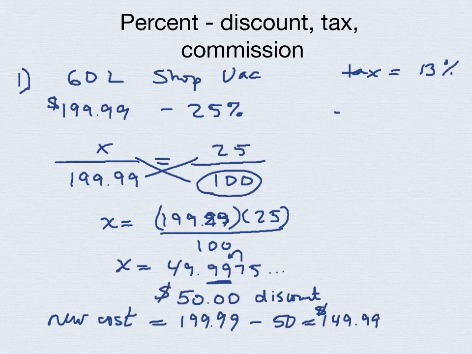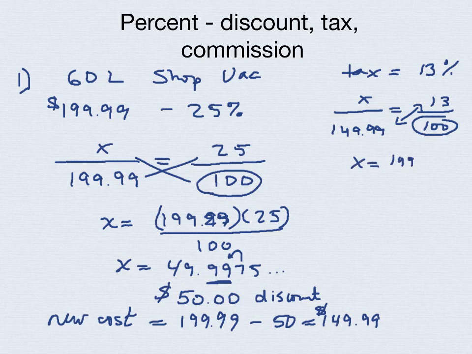So I'll take my new cost of $149.99 and multiply that by 13, and that's going to give me the amount of tax. So cross multiply and divide: 13 times your $149.99, then divide it by 100.